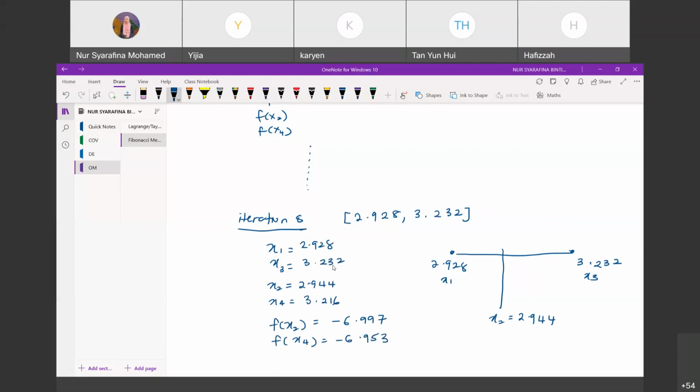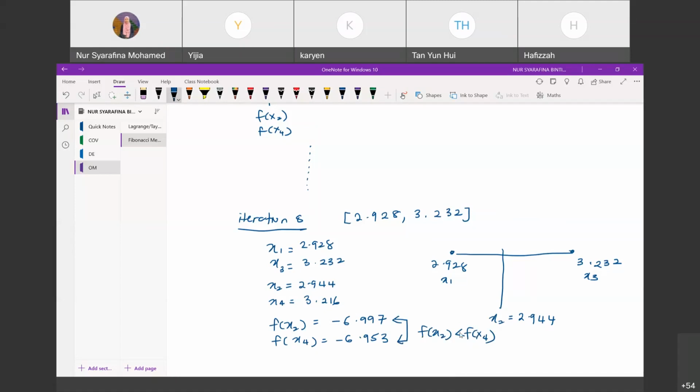As you can see, in the last iteration, the difference between fx2, even though it is smaller than fx4, is quite small. We want to reduce the difference between the function values. It is quite small already, so it reached the error epsilon there.